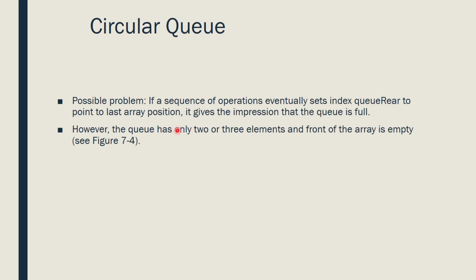So it will enable the elements to point around to make it circular. That is, the queue rear points to the last array position, and this gives the impression that the queue is full. However, the queue has only 2 or 3 elements and the front of the array is empty.